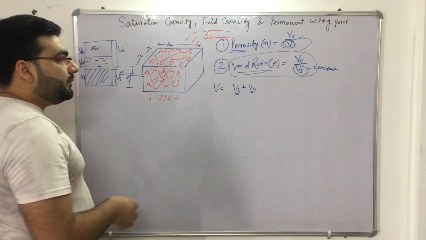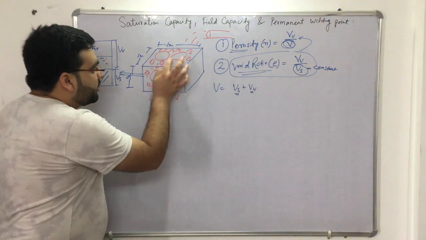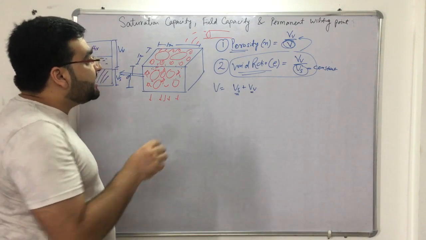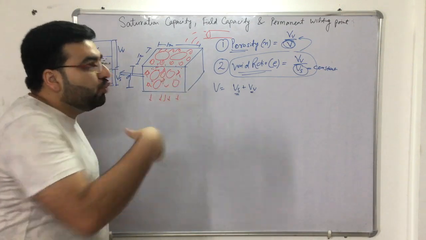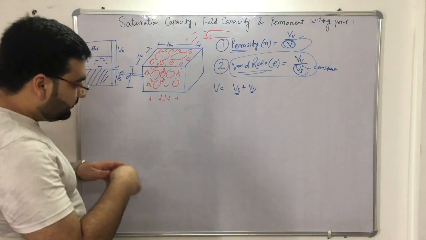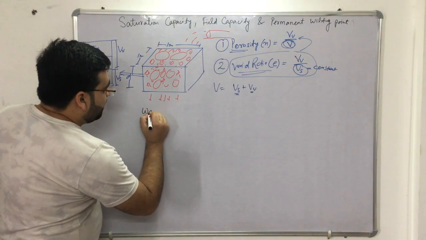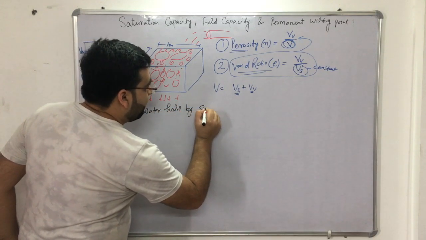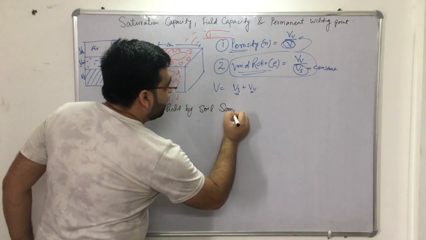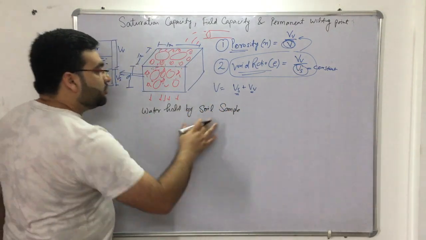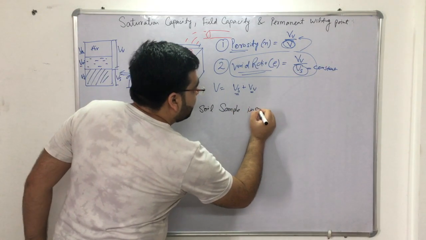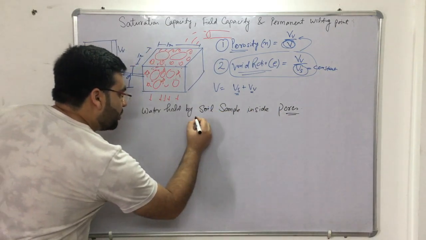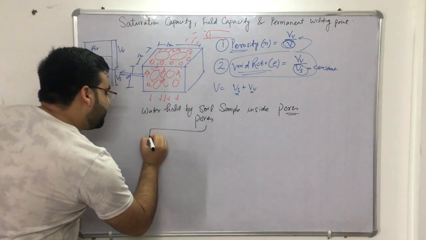Okay. Now coming to the next part, the pores. The pores inside this soil sample are divided into two parts. So I can say that the water held by a soil sample inside pores, and these pores are of two types.